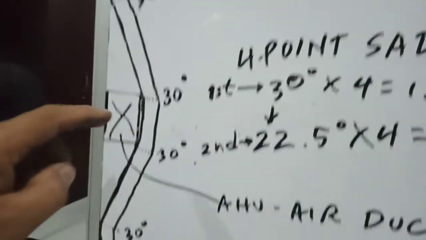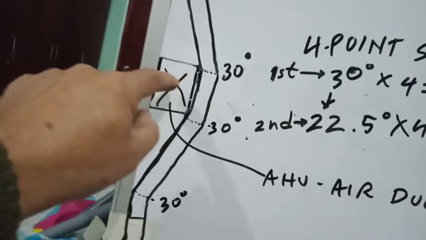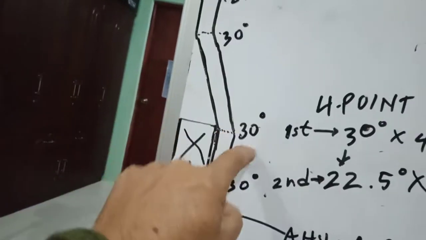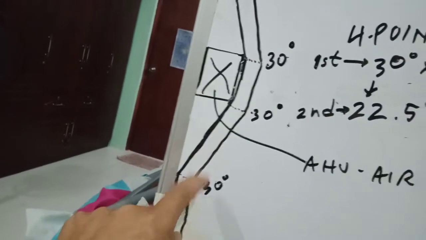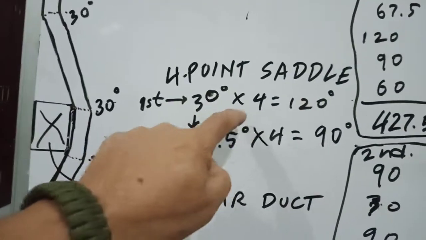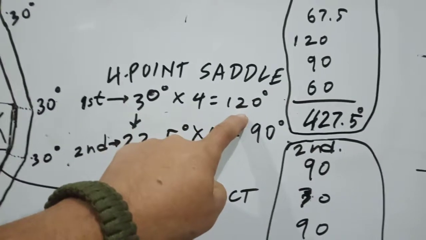Okay? Now, on the 4-point saddle, 1, 2, 3, 4. 30 degrees times 4 is 120 degrees.